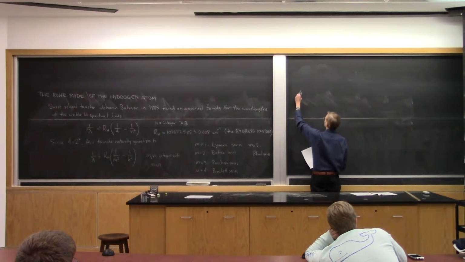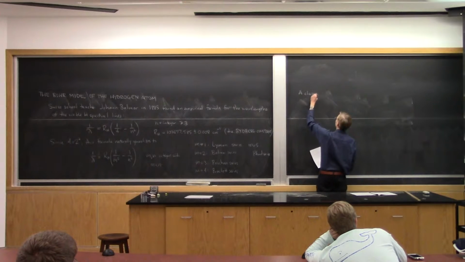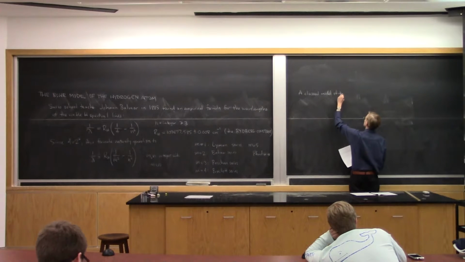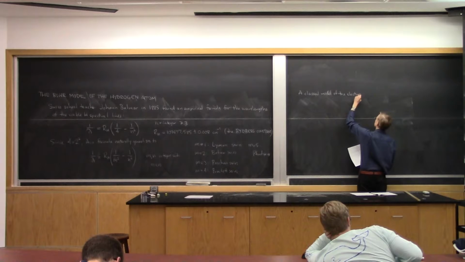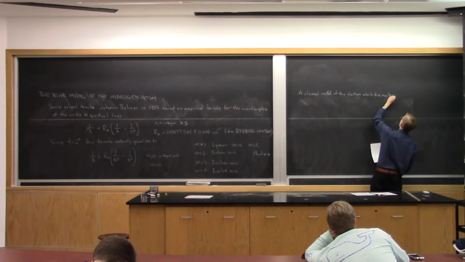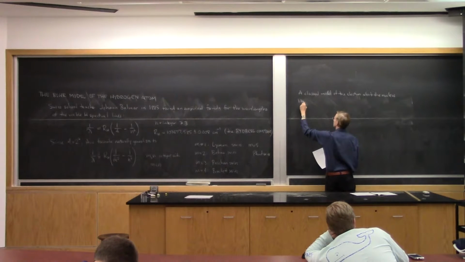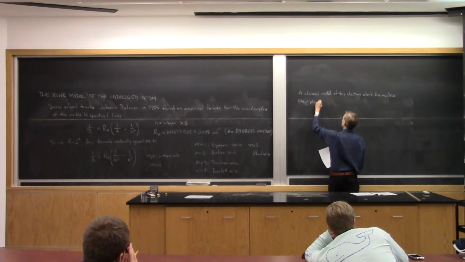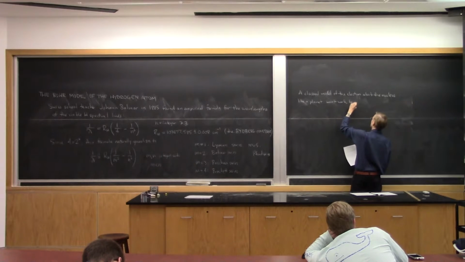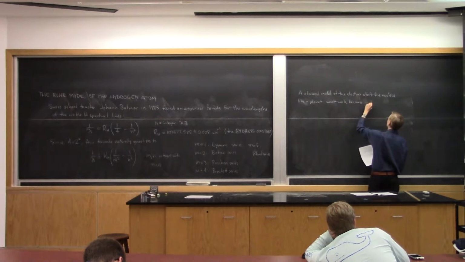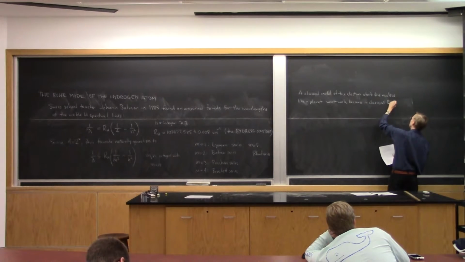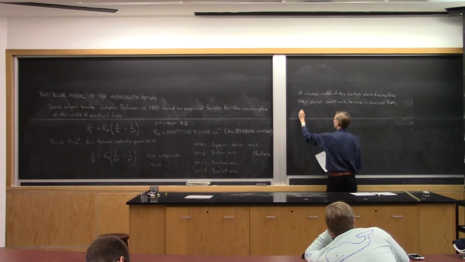So a classical model of an electron orbiting the nucleus like a planet won't work, because in classical electromagnetic theory, accelerating charges radiate.